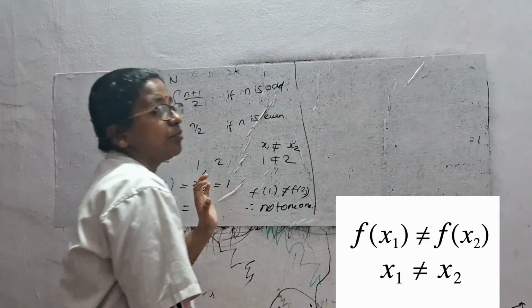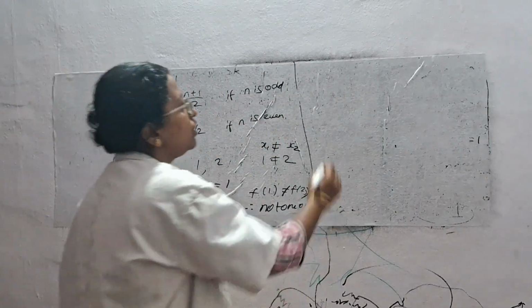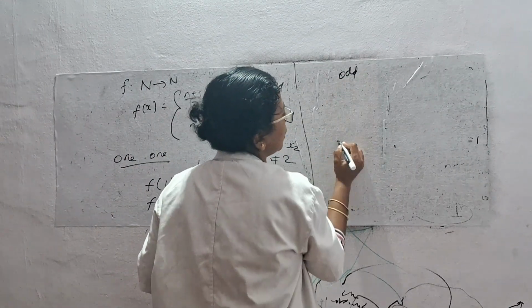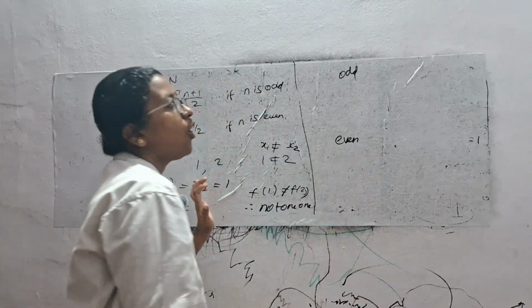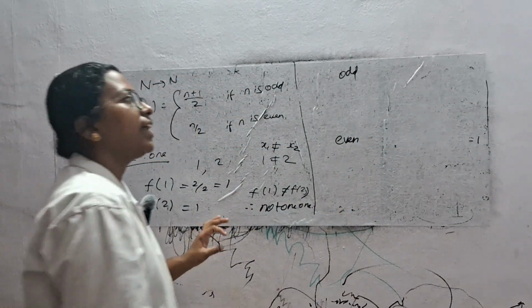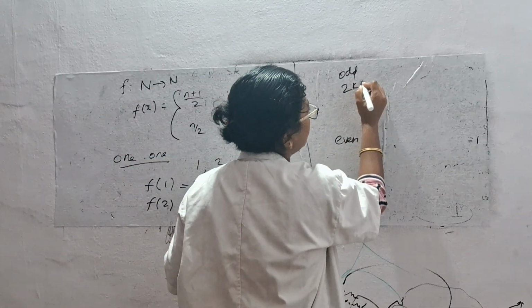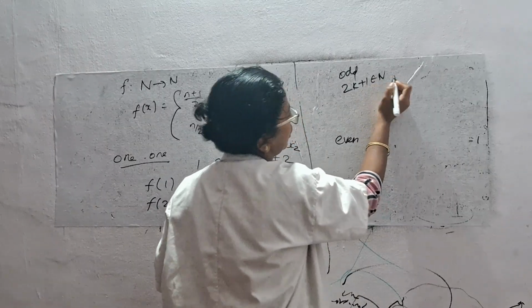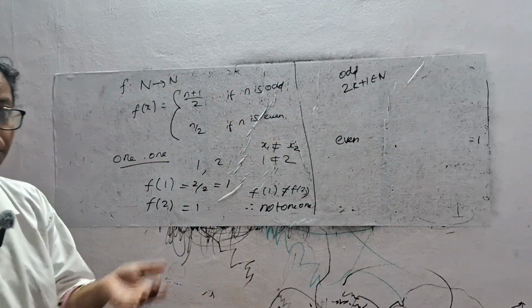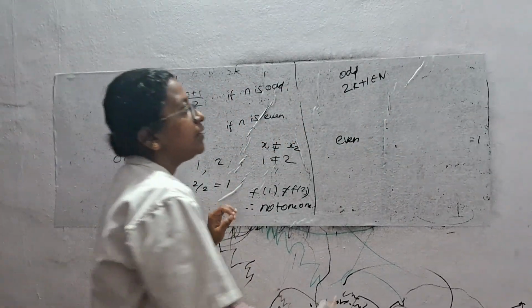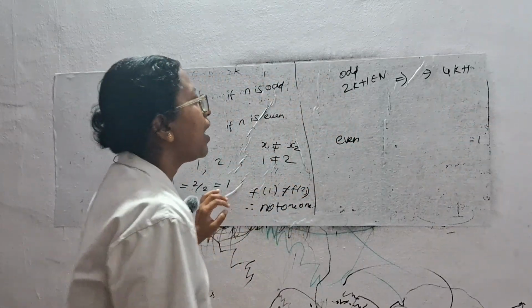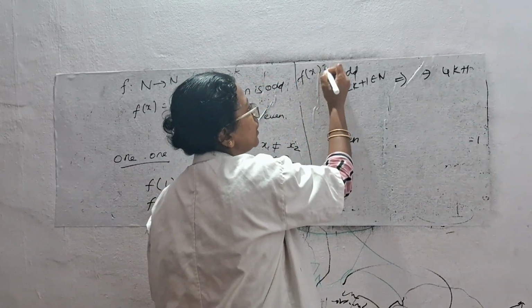For onto, I get two cases, the odd case and the even case. In the odd case, in general, we can take 2k plus 1 belonging to natural numbers. It is an odd number we can take. Similarly, I have to prove that f of x is equal to y.